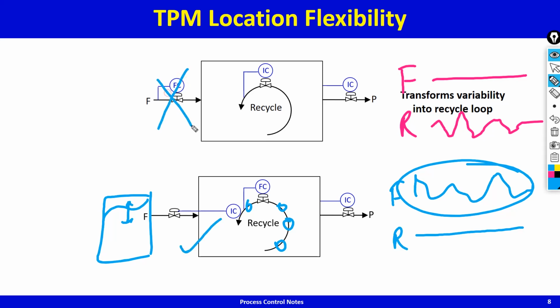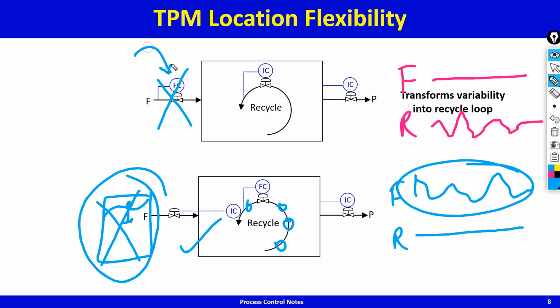This should be avoided. This can always be done if you've got a big tank supplying the raw materials to your plant. If that is not the case and your plant is supposed to process whatever is being given to it, in that case there is no option. This is the control system that you are supposed to work with. But wherever and whenever it's an option, it's always a good idea to go this way rather than this way.